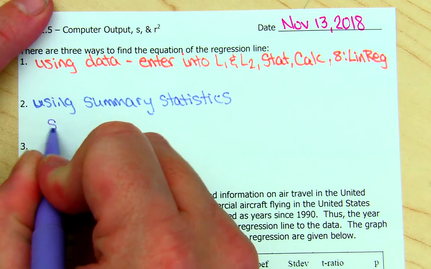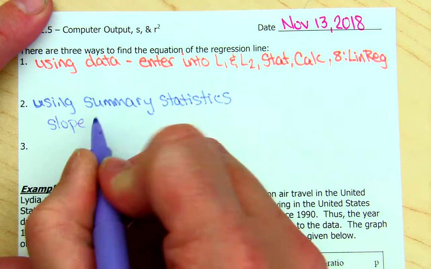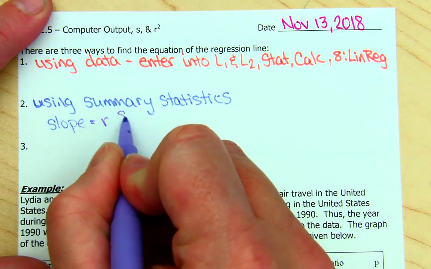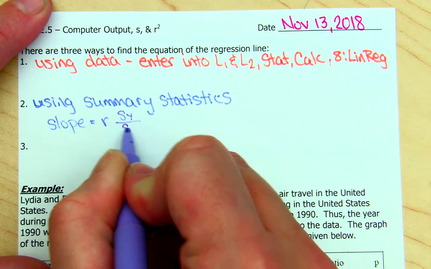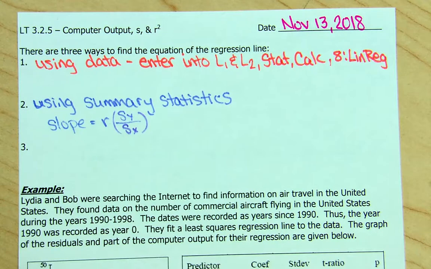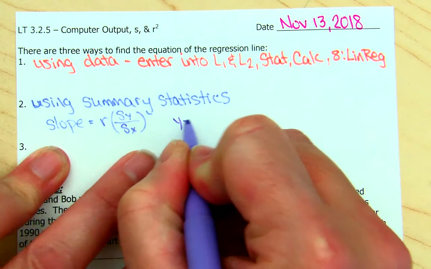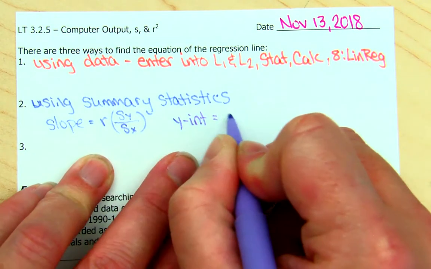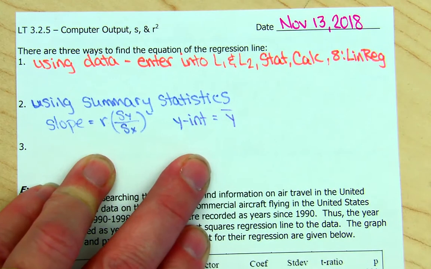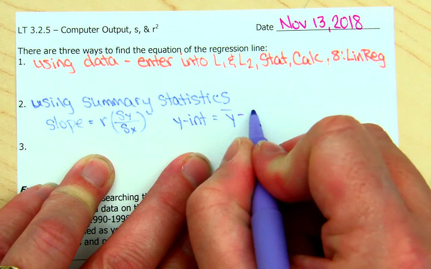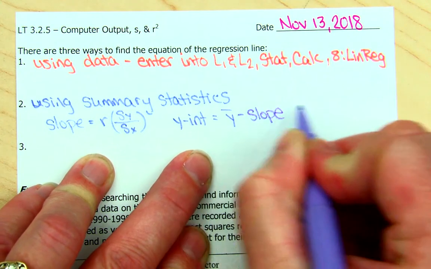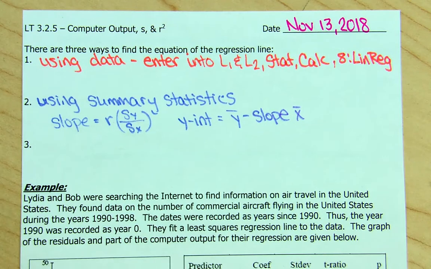So if we're doing that, we find the slope is R times standard deviation of Y over standard deviation of X. To find the y-intercept, we do y bar, so the mean of the y variable, minus the slope times x bar. So both of those you've already been quizzed over, you should know them.